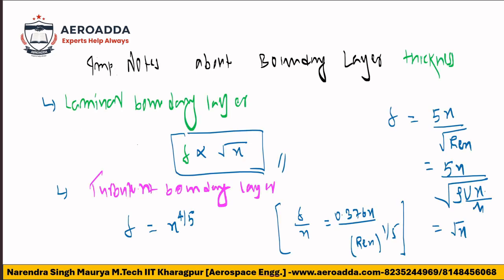So note the important points. The third you need to write: delta, boundary layer thickness, decreases as U infinity increases, means free stream velocity increases, so delta decreases. So delta is always reciprocal of U infinity.